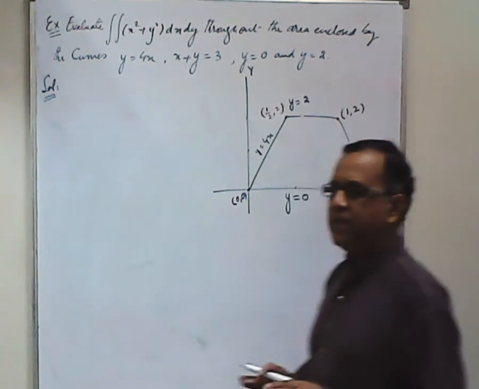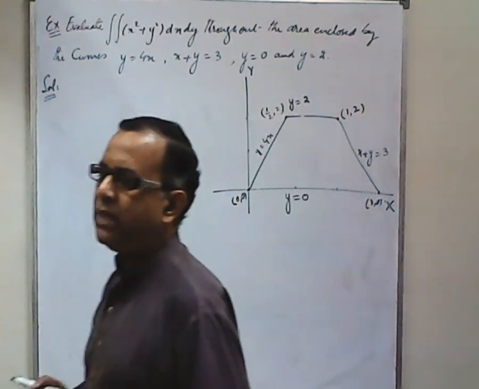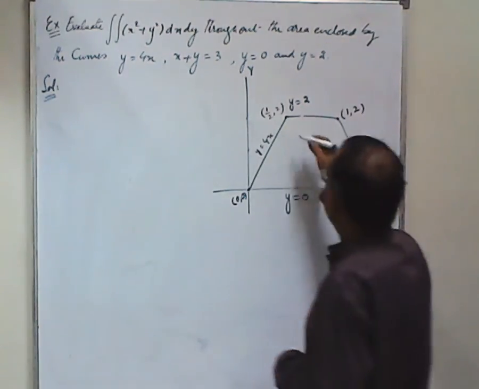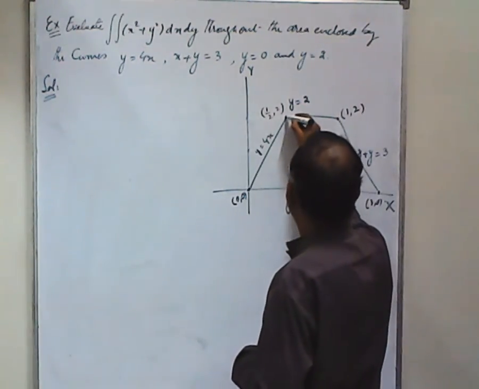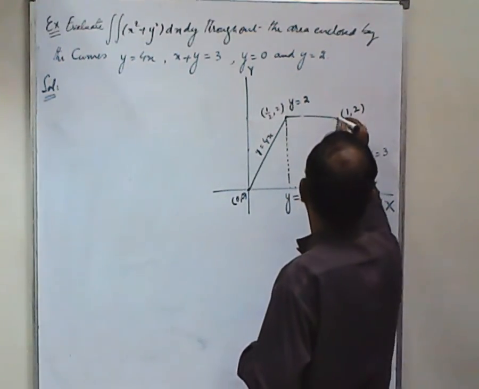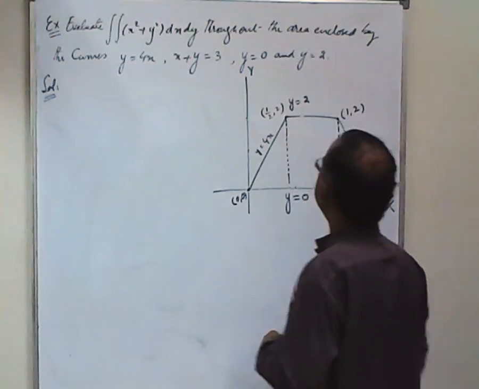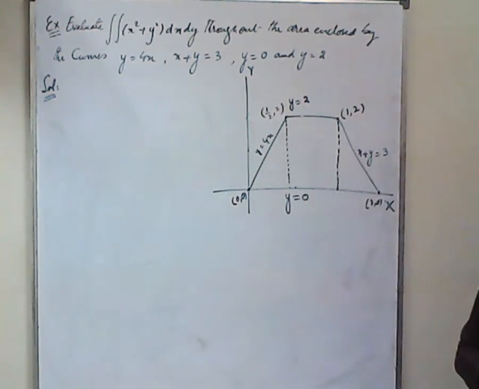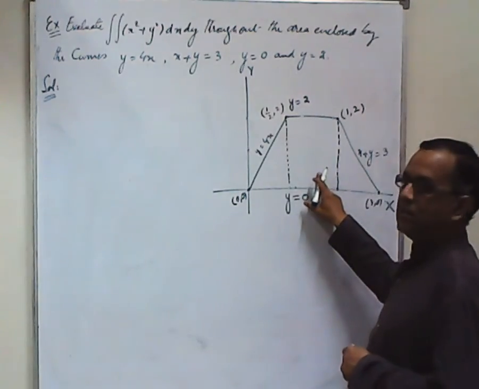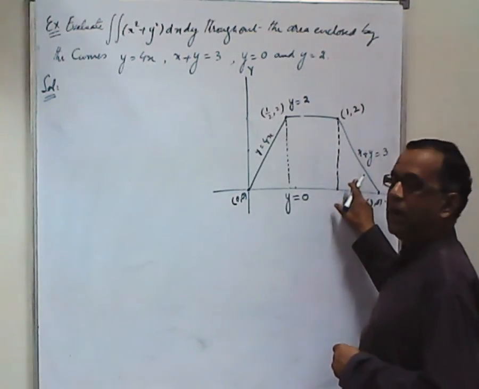So all these linear equations you can easily solve simultaneously and get the points of intersection. Now it is easy to find out that I can divide this into 3 pieces, 1, 2 and 3: a triangle, a rectangle and a triangle.